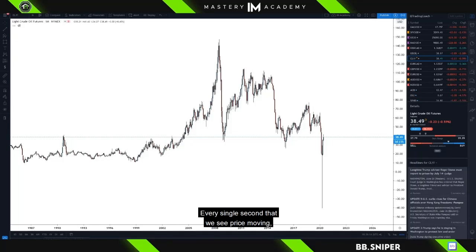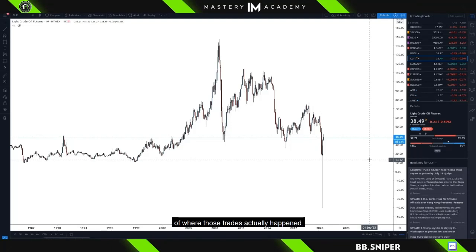Every single second that we see price moving, whether we're looking at a monthly time frame or whether we are down in the second time frames, there are buyers and there are sellers in all parts of the world being matched together. And each candle shows us a visual representation of where those trades actually happened.